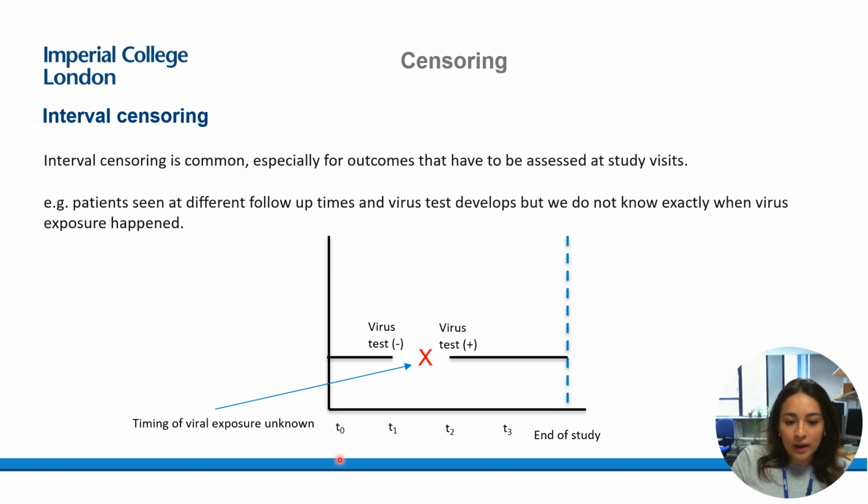So as you can see, we have different time points that the person has to come into the clinic, for example, and we need to test them for a viral load, just to check whether they have the virus or not. And then we realize that at visit number 2, for example, this person has a positive test, but we say that this person has interval censoring because we cannot tell at what point specifically between time 1 and time 2 that person was infected with the virus. So that's what we mean by interval censoring.